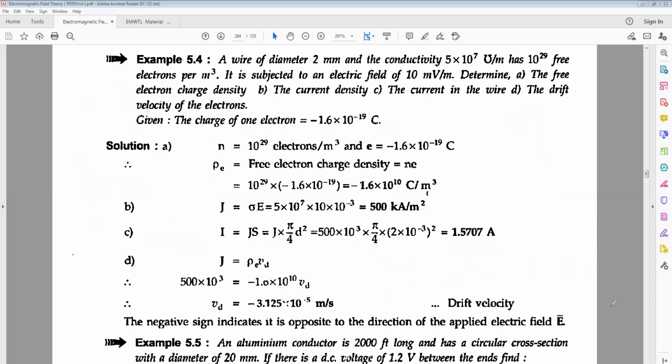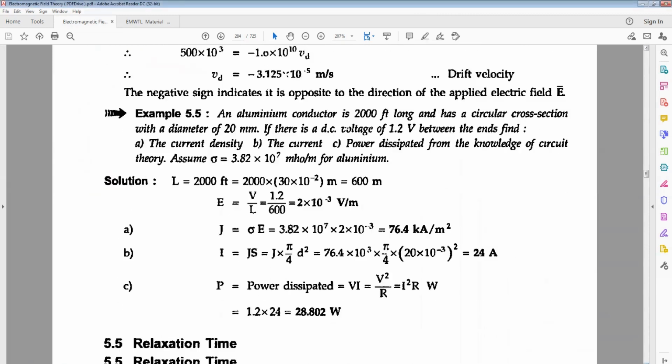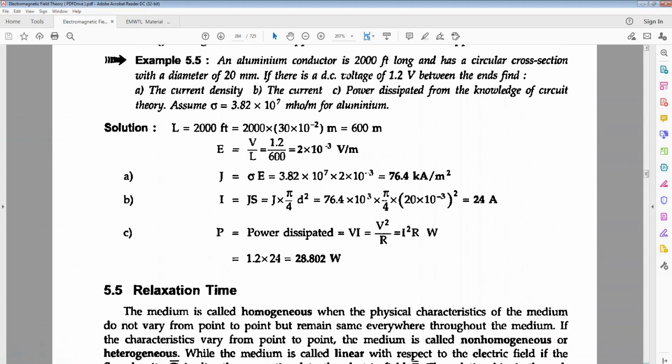Coming to the next example. An aluminum conductor is 2000 feet long and has a circular cross section with a diameter of 20 millimeters. The length is given, and as a circular cross section, the diameter is also given.